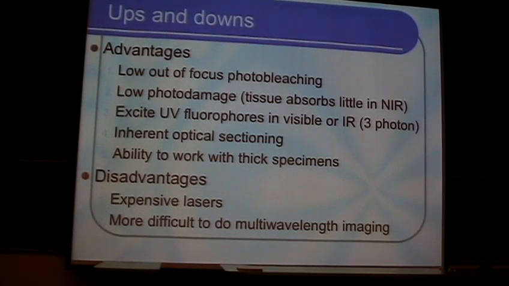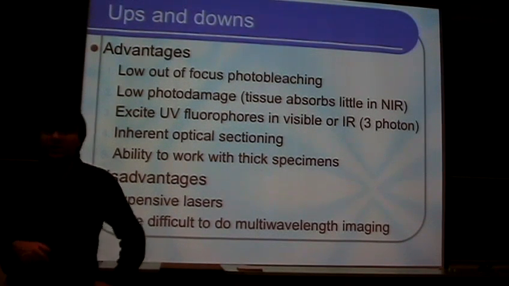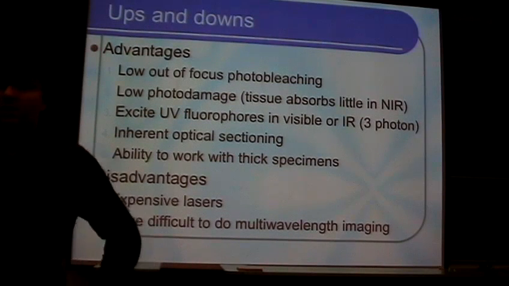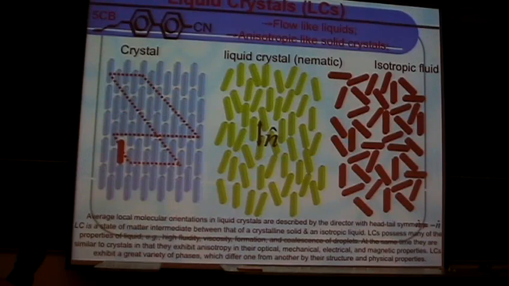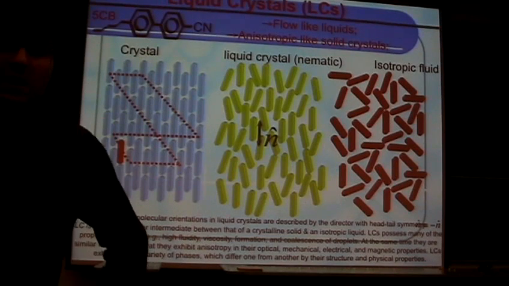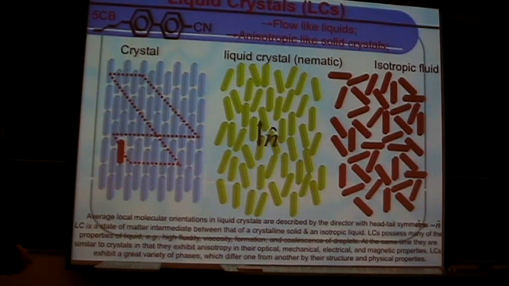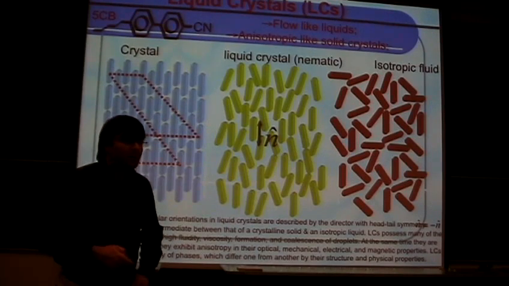So, first of all, the two-photon fluorescence and multi-photon fluorescence imaging approaches usually require expensive lasers, so they are not as affordable. The multi-wavelength imaging is a lot more difficult, unlike using the fluorescence confocal microscopy. Again, in the case if we need to visualize many different components in a heterogeneous system, the confocal microscopy approach would turn out being useful.